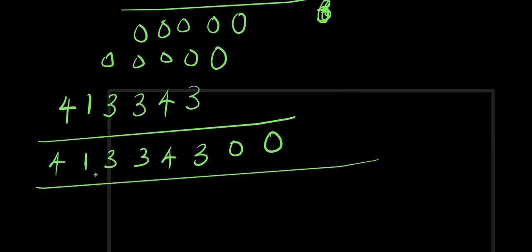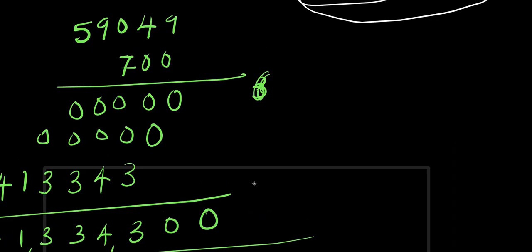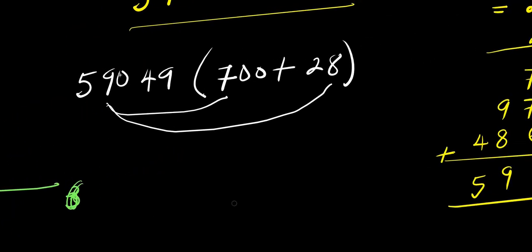So here it is. This is 41,334,300. Now, we are also going to add this again. We multiply before we add. This time 59049 times 28.